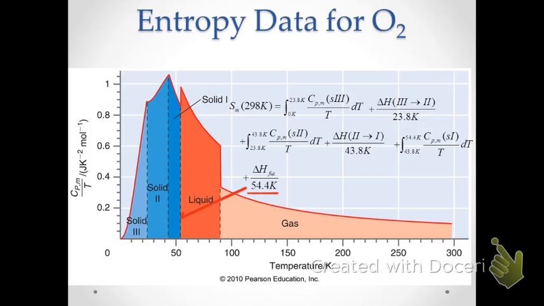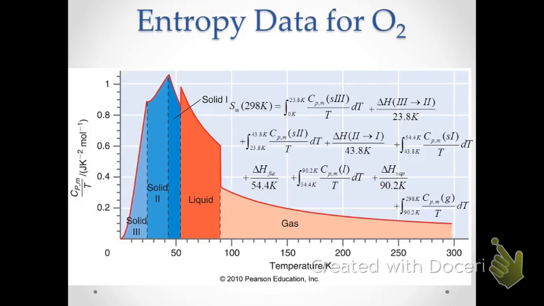Continuing to go up in temperature from 54.4 to 90.2, which is the boiling point of liquid oxygen, we then again integrate, determine the area under the curve in that region, adding it to our entropy, followed by the entropy of vaporization at the boiling point, delta H vaporization over 90.2.